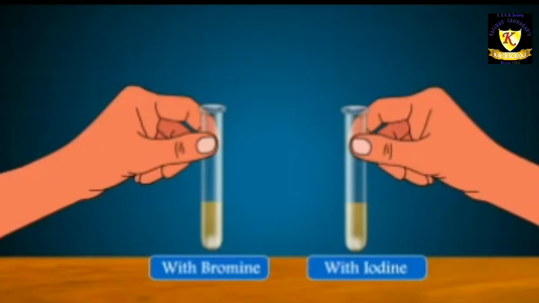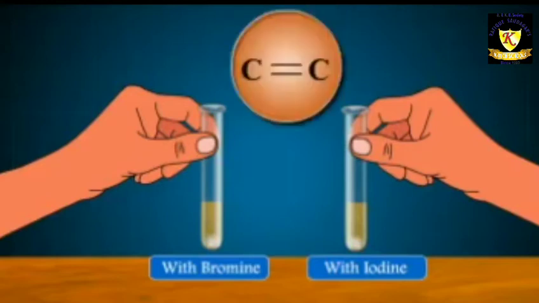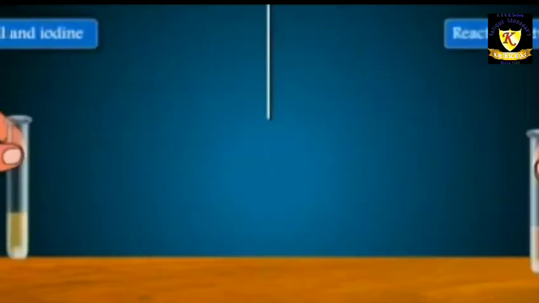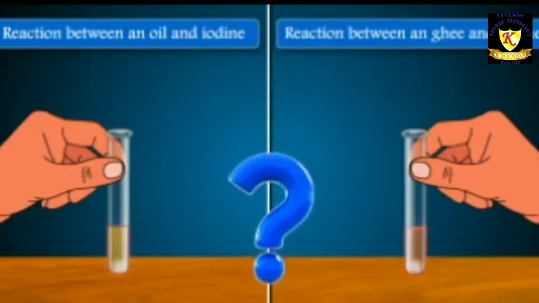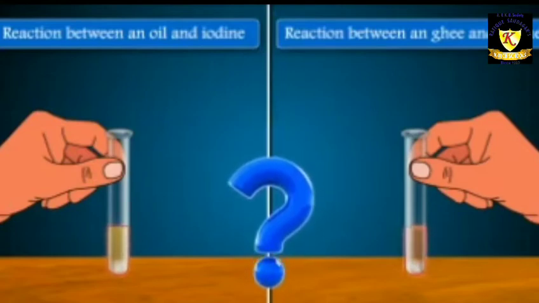Therefore, this reaction is used as a test for detection of a multiple bond in a carbon compound. In the above activity, the color of iodine or bromine disappears in the reaction with an oil. However, there is no color change with vanaspati ghee. What inference will you draw from this? Which of the substances contain a multiple bond?